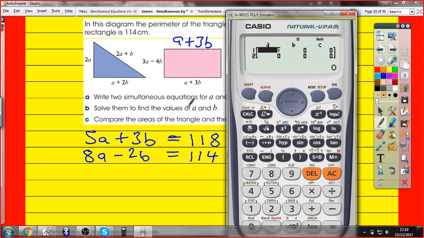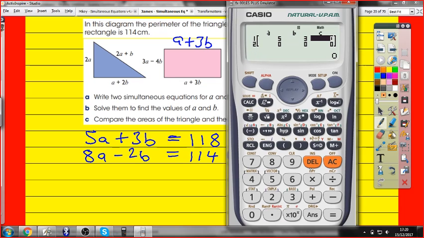Okay, so for the first one, A is 5, B is 3, and C is minus 118, I believe is how you write it, because you bring it to that side. And then for the second one, A is 2 and C is minus 114.